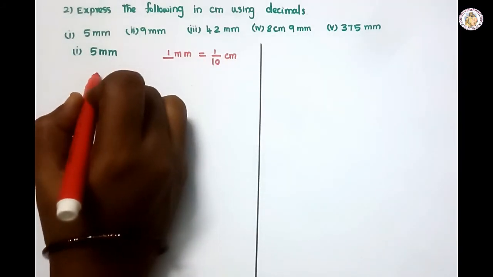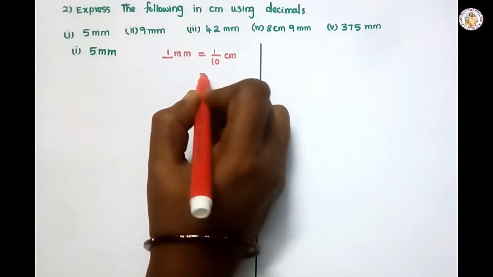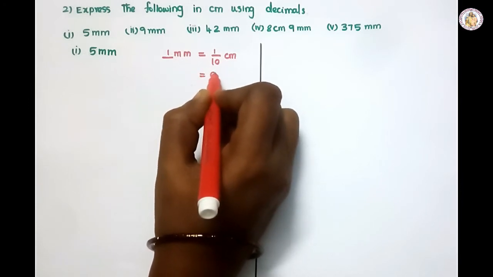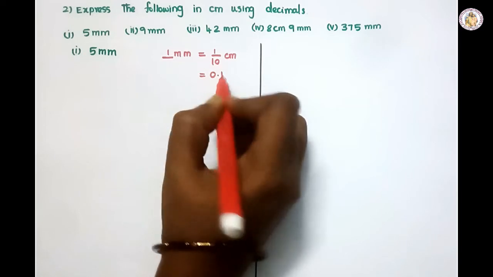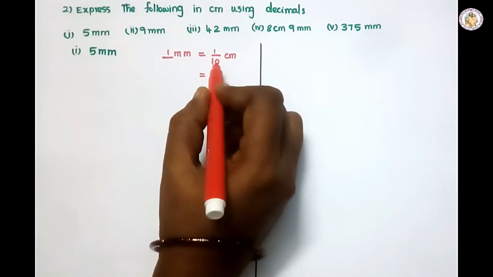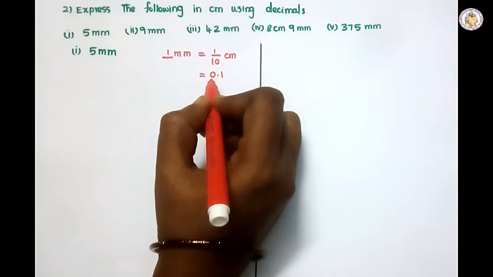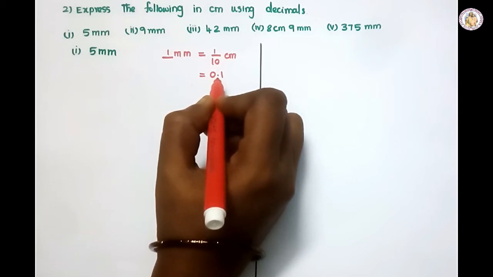Now 1 by 10 means how much? That is 0.1. Write down 1. Here denominator 10 is there, so before the one digit we have to keep the point. So 0.1 centimeter.